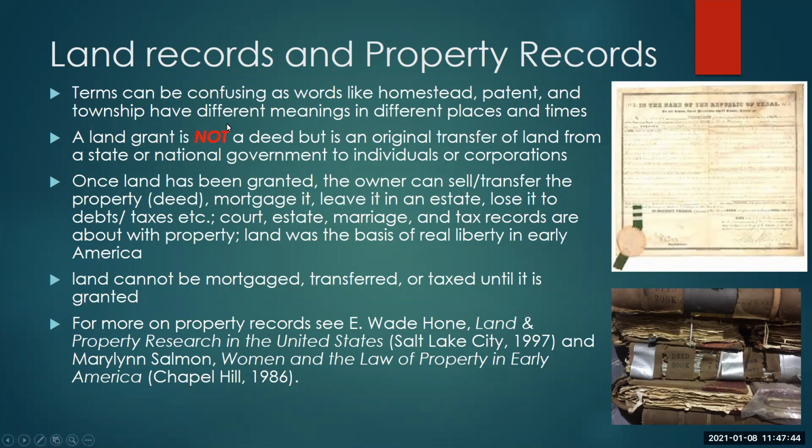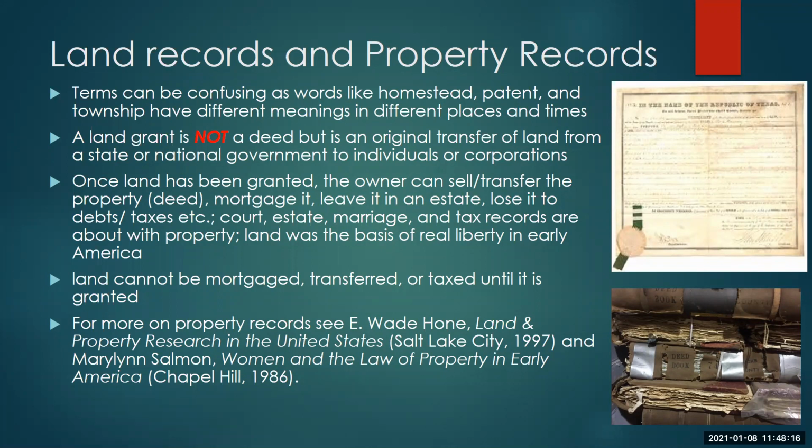Understand that a land grant is not a deed. A land grant is when a government, let's say the state of Tennessee, or a national government, let's say the King of Spain, gives land that has never been recorded, never been in the tax system or whatever, to someone. The original granting or giving of the land is what is called a land grant.